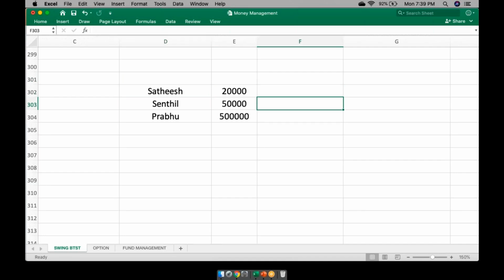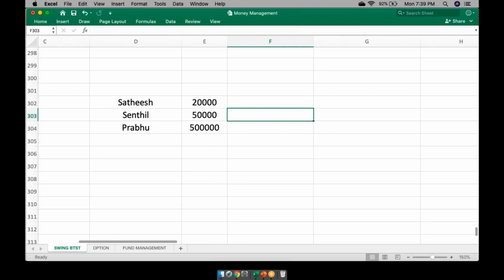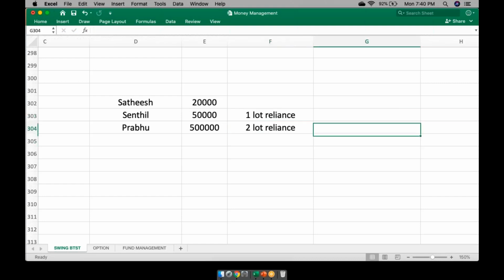If someone doesn't know about futures and options, just ignore it, we will see that in future classes. It's just a brief example. Say Prabhu buys 2 lots of Reliance. Seeing Prabhu, I'll buy 1 lot of Reliance with 50,000 rupees capital, which I am not supposed to do.